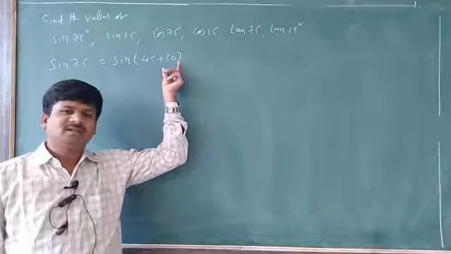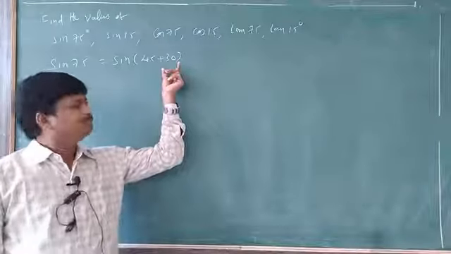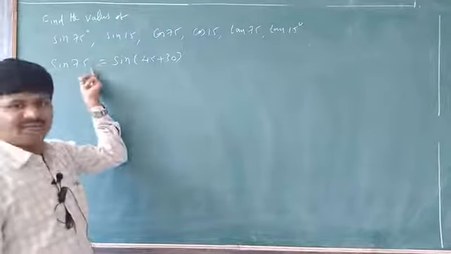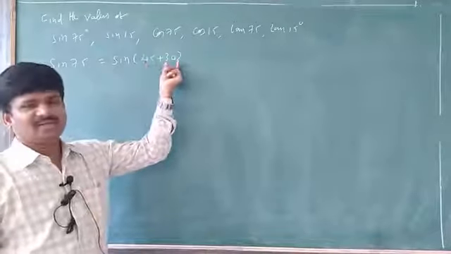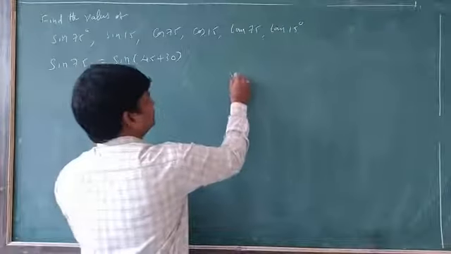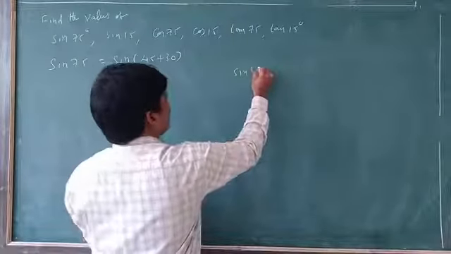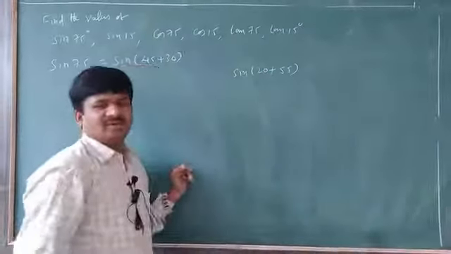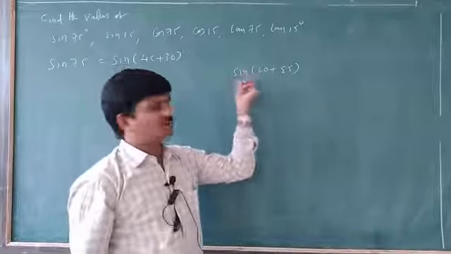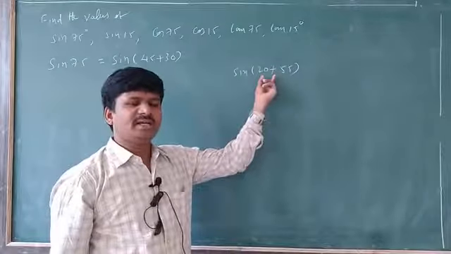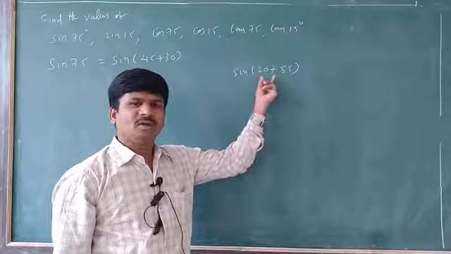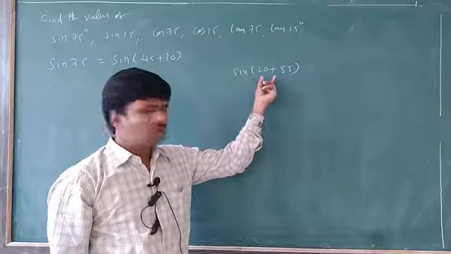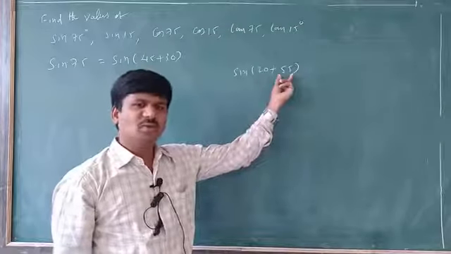That is why we have to write 75 as 45 and 30. Don't write it differently. Suppose I wrote 75 as 20 plus 55. It is also 75, but after expanding, do you have the values of sin 20, cos 20, sin 55, cos 55?